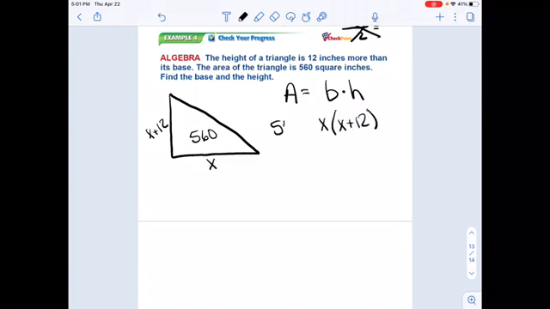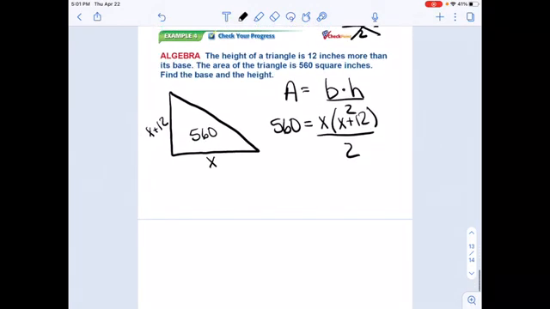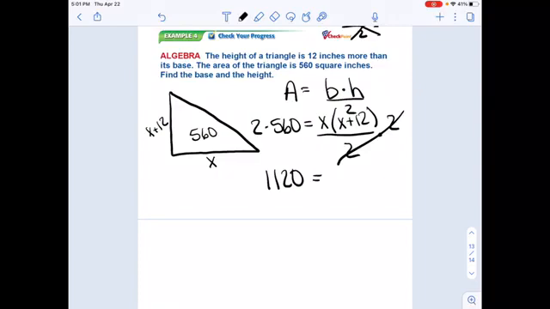Height is x plus 12. Area is 560. Because it's a triangle, we need to take base times height divided by 2. You know, I should probably add that up here too. Base times height divided by 2 is what we needed to do. So we'll multiply by 2 on both sides. We get 1,120 is equal to, distribute this through, x squared plus 12x.